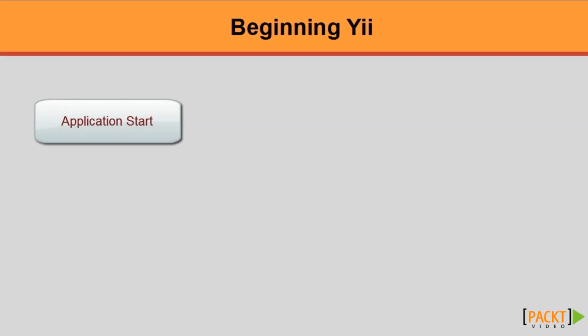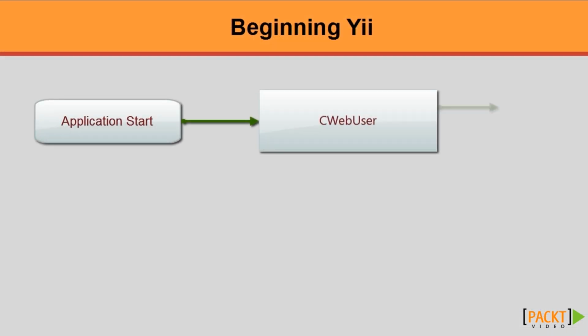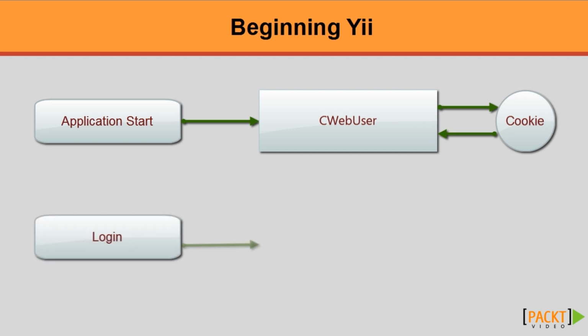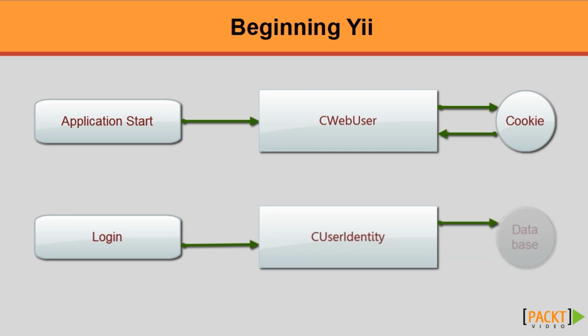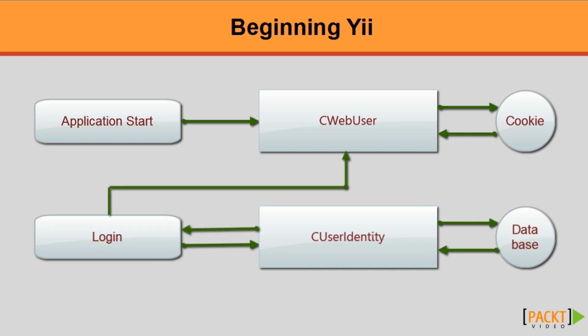On app start, we create a web user class. If cookies are enabled, then user information, including user identity, is loaded from the cookie, otherwise the identity is set to guest. On login, the login input is validated in the usual way, and then the user identity is created and validated, and then the web user is updated with the identity information.